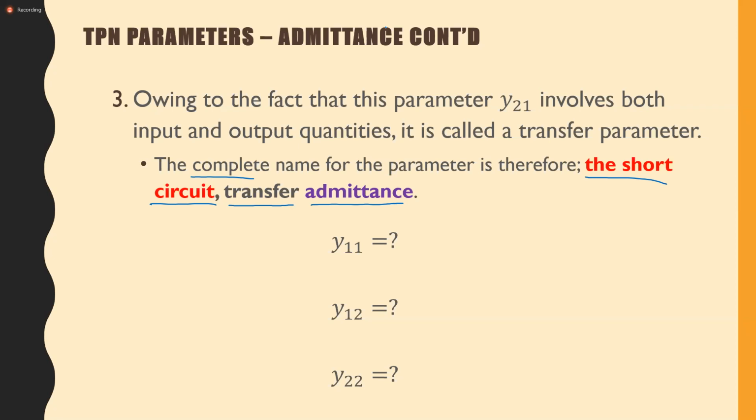Okay. All right. So if there are no questions, let us look at the other three parameters. Let's see who we have on board. So Brown. Give me the full name for Y11.